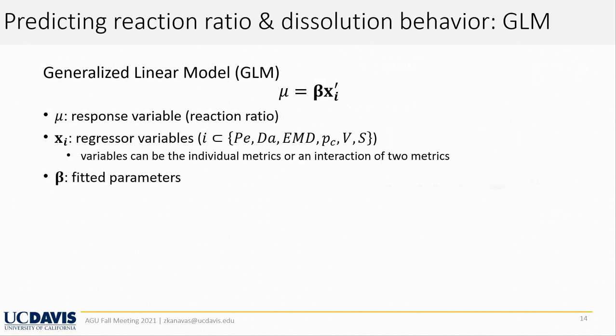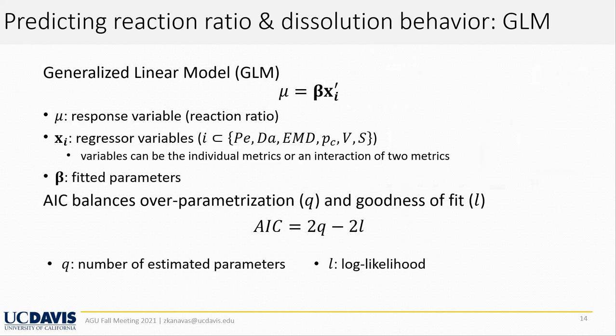The various combinations are ranked by their AIC, an overparameterization penalty and goodness of fit measure, to identify the best statistical model. While not shown, please note that diagnostic checks were also implemented to verify common issues associated with GLM are not encountered in this model.